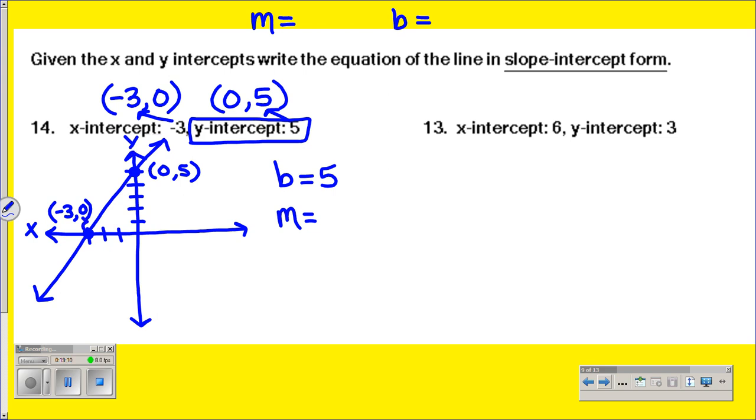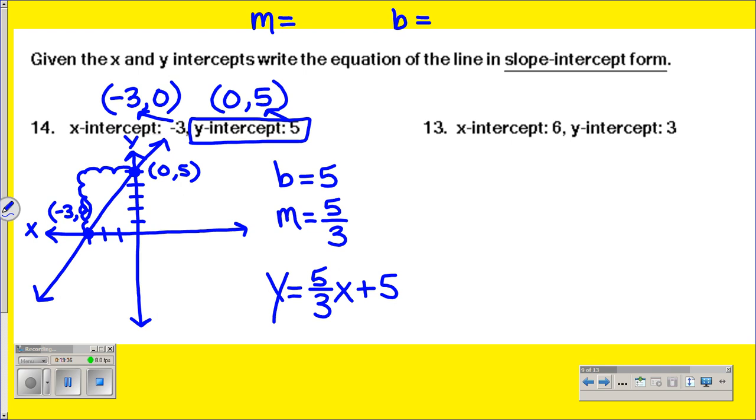I'm going up 1, 2, 3, 4, 5, and I'm going right 1, 2, 3. So the slope of this line is 5 over 3, and now I can form the equation y equals 5/3 x plus 5.